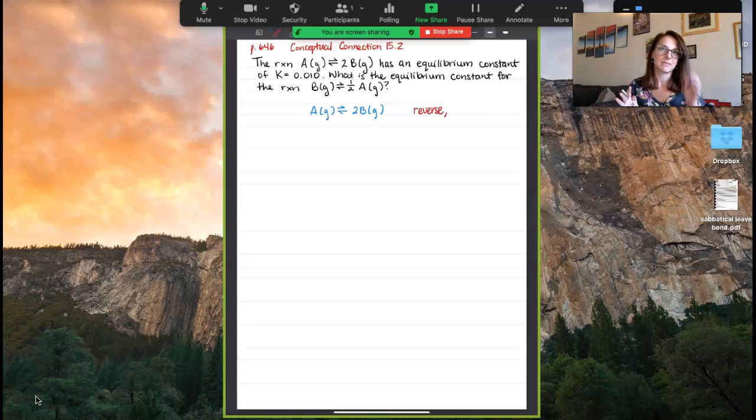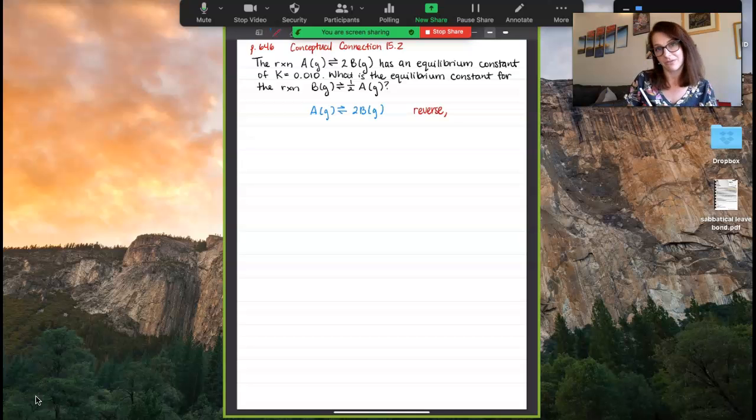Now, like I said in my online lectures in chapter 15, make sure you distinguish between the rules you would have learned in first semester general chemistry of Hess's law for enthalpy, like if you reverse a reaction, you would change the sign of enthalpy, and so on and so forth. It's different than how we manipulate the equilibrium constant.